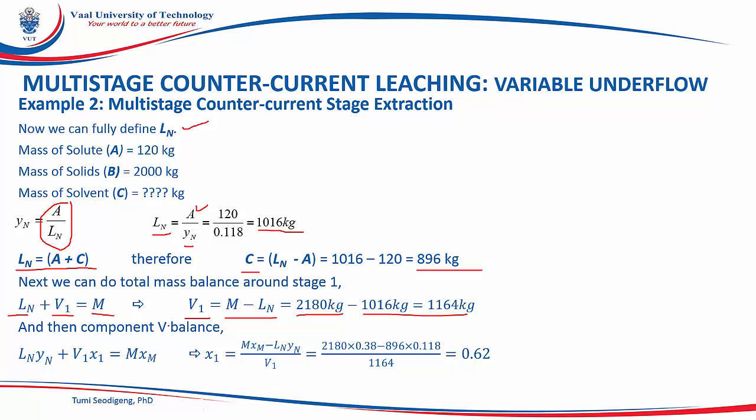Then we can find V1 to be 1164 kilograms per hour, and then the component balance on the V stream to find x1, which is the mass composition in the V stream. We can do the component balance, and then the only unknown in that would be xn. Then we can solve for xn using that equation, which we find to be 0.62.